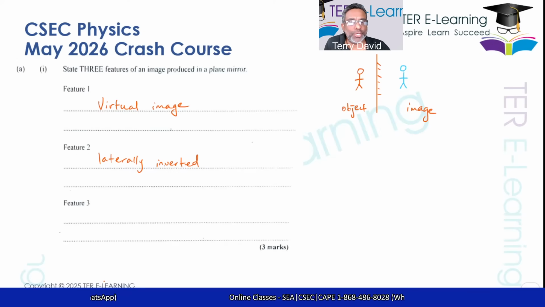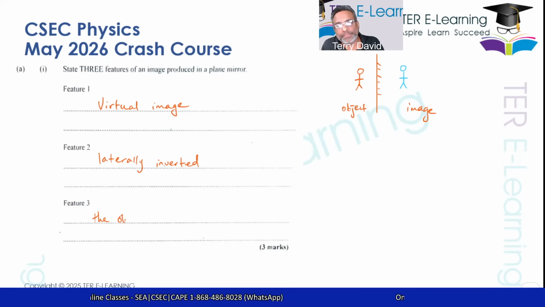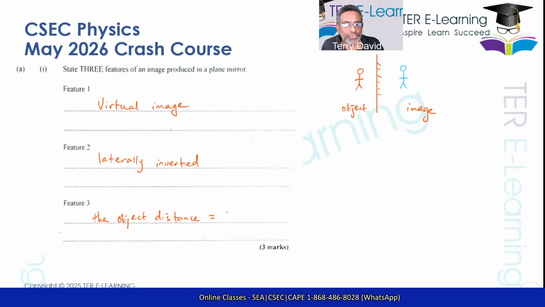And the third feature, right? We have to put our third feature here. You can say something like the object distance is equal to the image distance. Right, there are a few more things we can say here as well. Huh? So we can say that the image is upright.